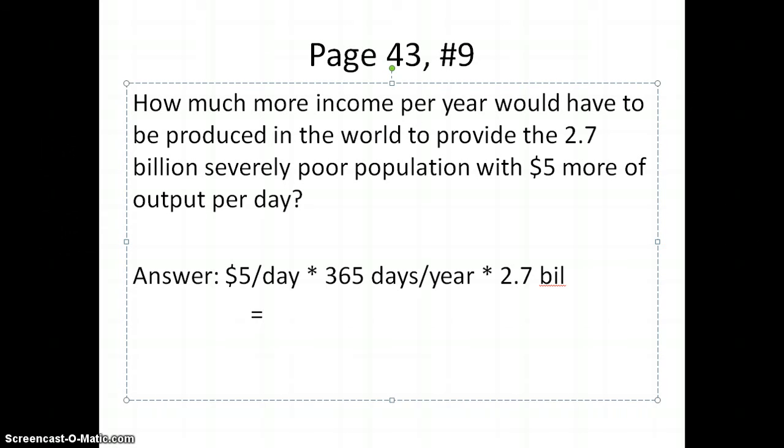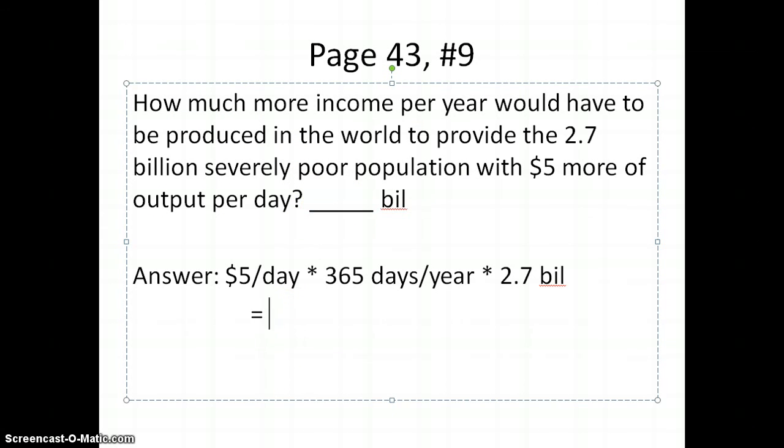So we're going to multiply 5 times 365 times 2.7, and we're going to leave the billion alone because in the example I have written in Canvas, I just want you to put in the number with billion as a blank. So it looks something like this, and you just need to fill in what number goes there.